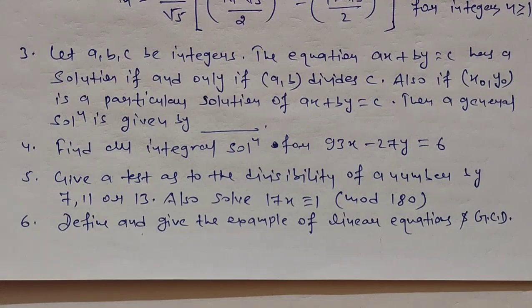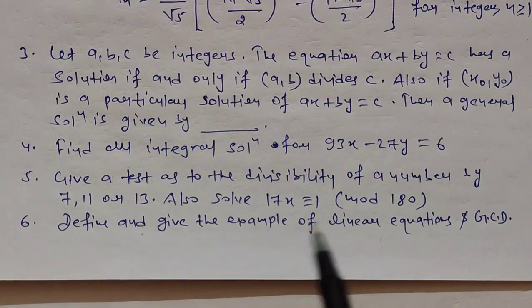Now here the third problem is, let a, b, c be integers, then the equation ax plus by is equal to c has a solution if and only if gcd(a, b) divides c. Also if x naught, y naught is a particular solution of ax plus by is equal to c, then a general solution is given by.